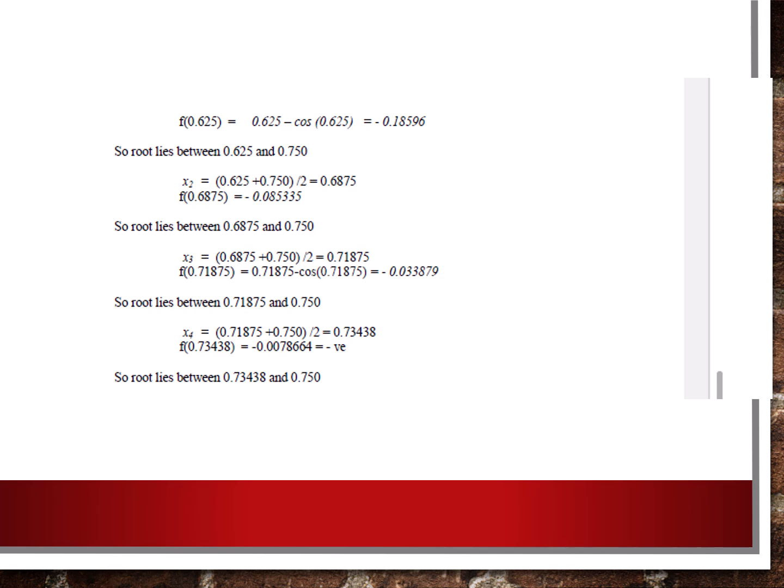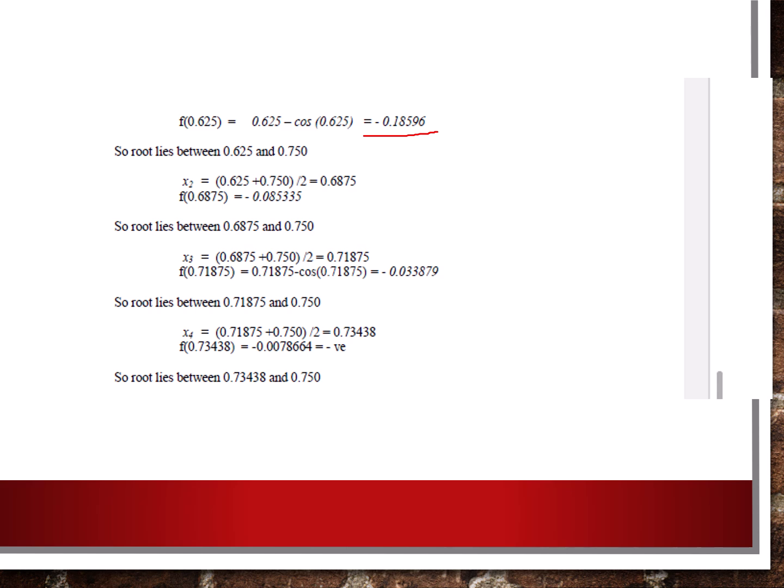The next one, the function f of 0.625 equal to 0.625 minus cos of 0.625, the value of minus 0.18596.